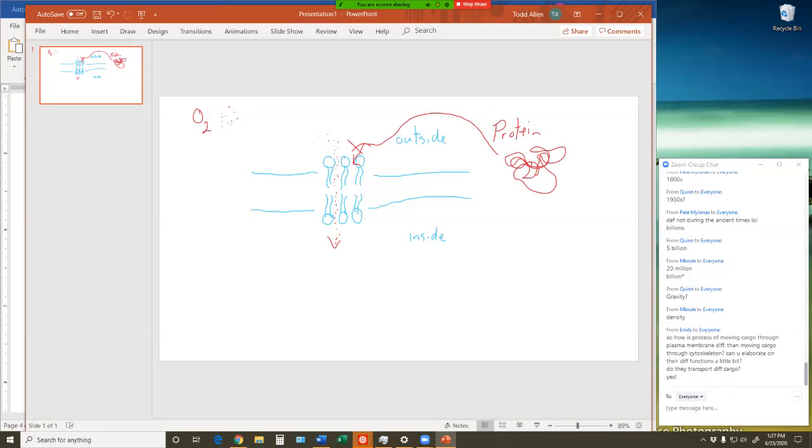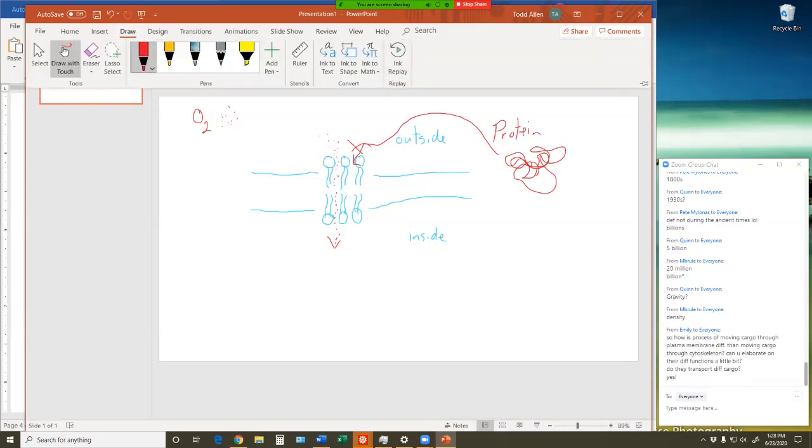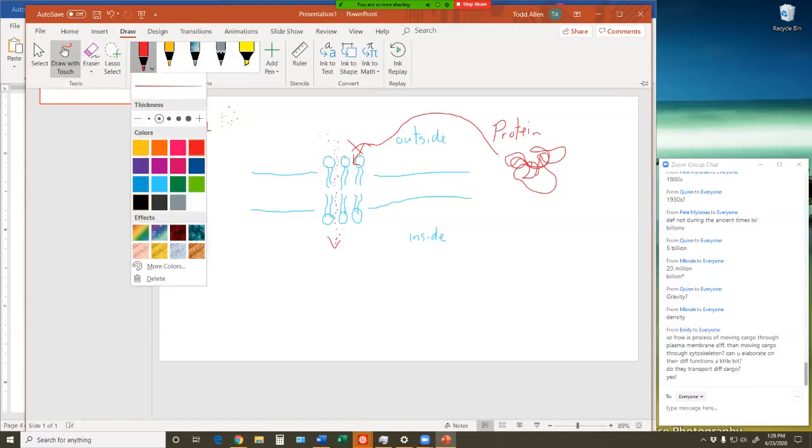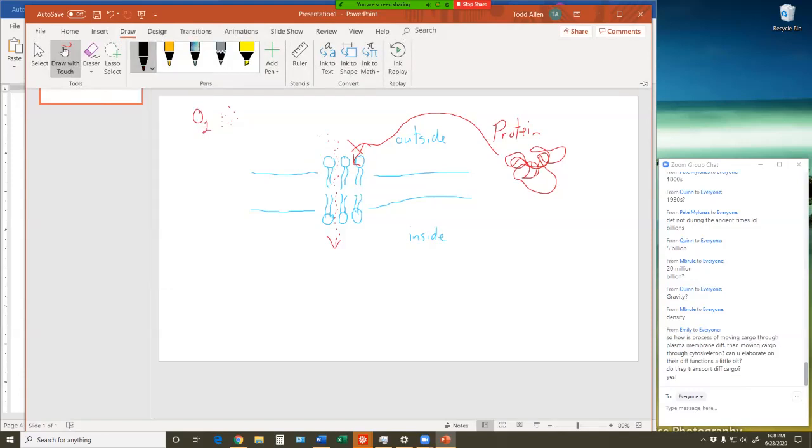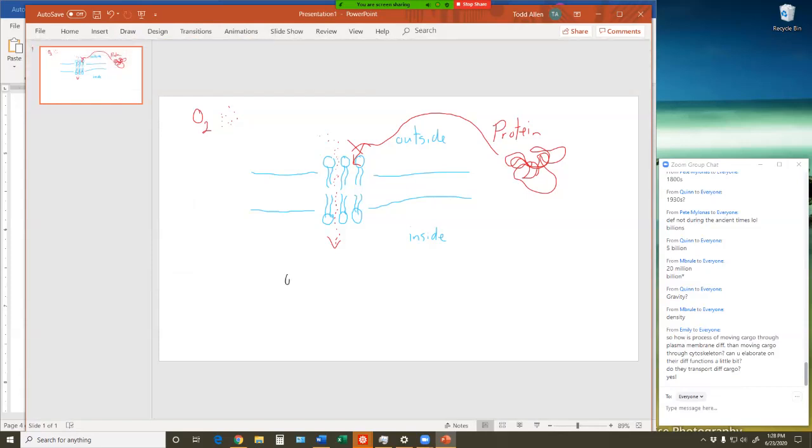In terms of the cytoskeleton, all we're saying is that inside the cell, you have these little tubes that machinery can use to move cargo along. That's all we're saying. Okay? Other questions?